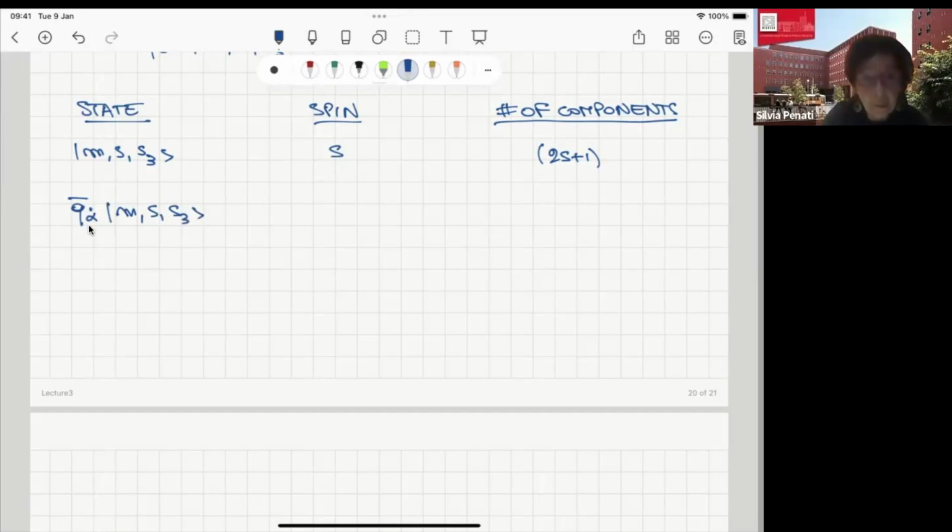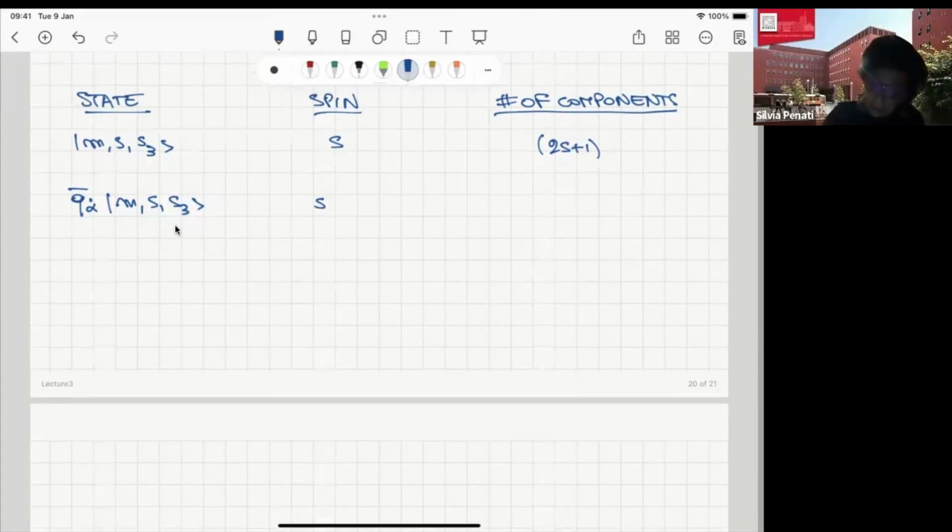I told you already that these operators carry spin 1/2. So when you act with the operator on a state which has a spin S, you have to rely on the general theory of summation of angular momentum. And what you will get are states which can have spin S plus 1/2 or S minus 1/2.